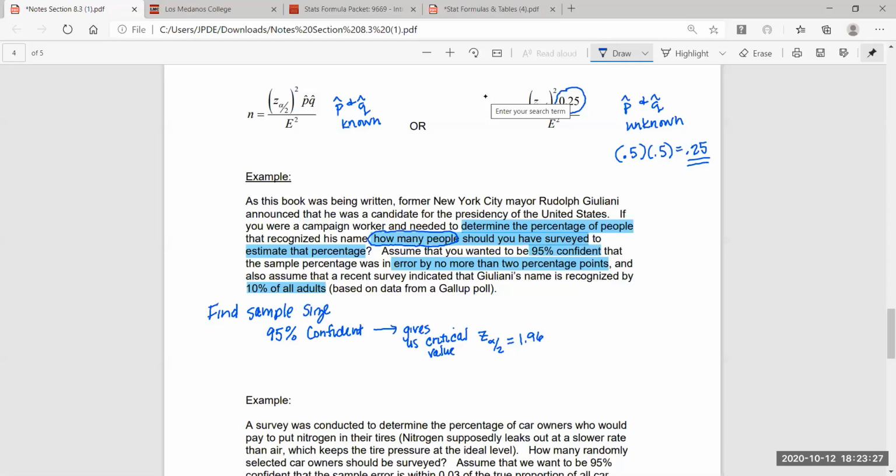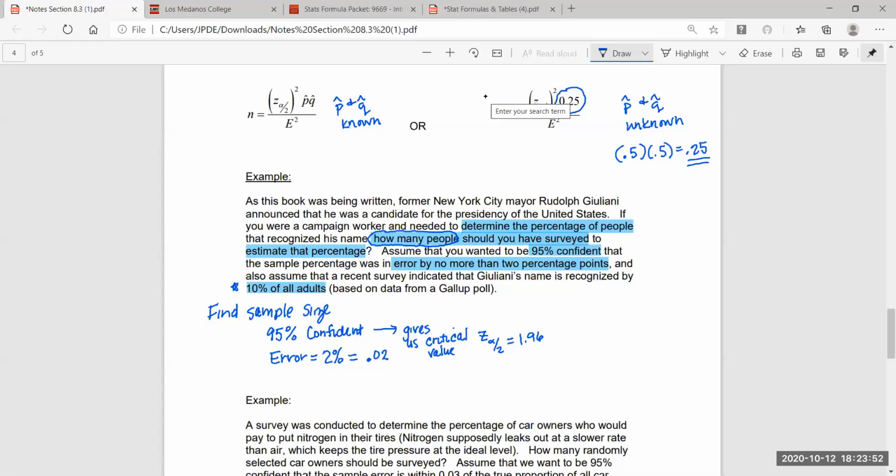Then, what else do we have? We see the error, which is E, is 2%. Well, anytime you use a percentage, you have to write it as a decimal. So that'll be 0.02. If they give you something that's not a percent, just use what it says. And then this part right here can be kind of tricky.